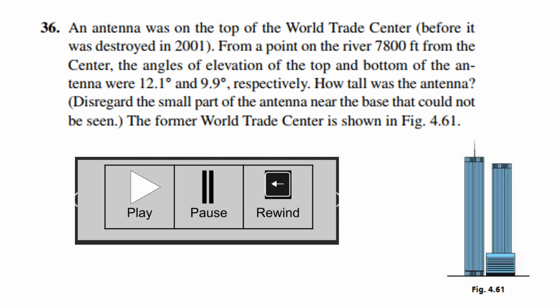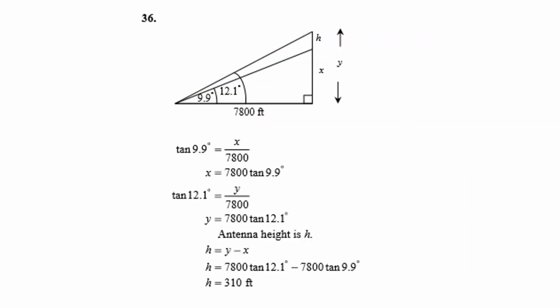First thing, of course, is to draw the picture. Hit pause, draw the picture, and work through the problem, and come back and see how you did. Let's see how you did. So here is the picture that we get with the information. So we see that the tangent of 9.9 is going to be what is shown in the figure as x over 7,800.